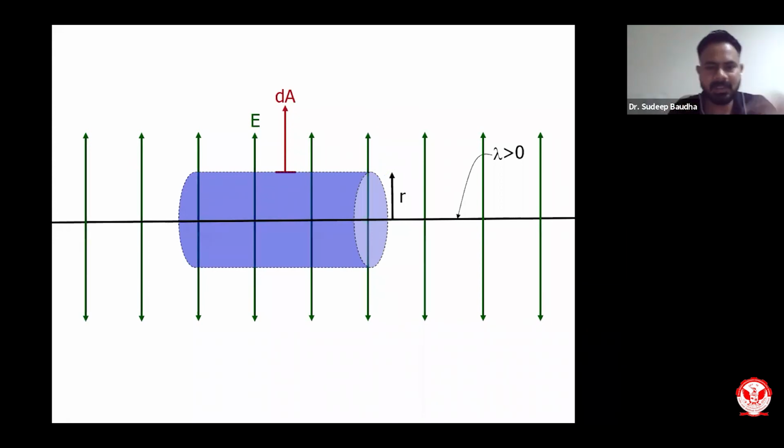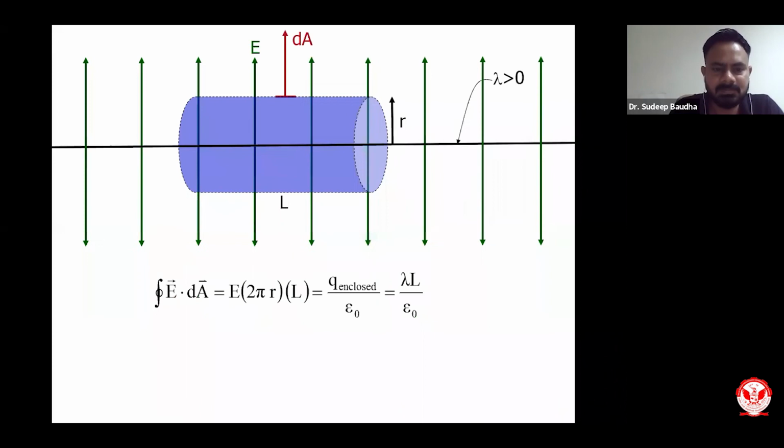So let us see again how we will evaluate this. We have done the calculation in the previous case when we considered a cylinder. So this is the length. Again, I can directly write it as 2 pi r into L. This is from the previous statement we have already done.